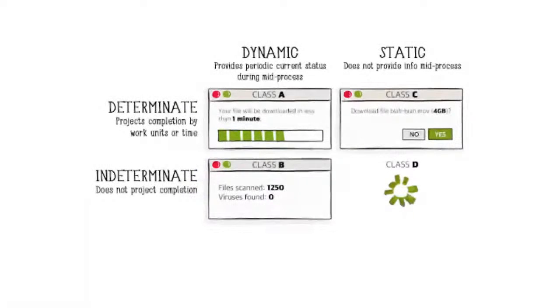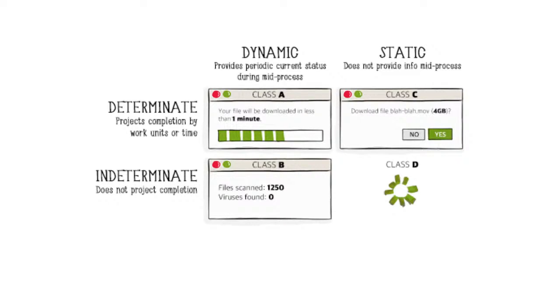So the first thing we mentioned is the progress indicators. As you can see here on the slide, depending on the kind of API response that we get, there are four scenarios that can happen, right? There's either dynamic, static, determinate, indeterminate. Determinate, indeterminate based on whether the API task is going to get over or not.